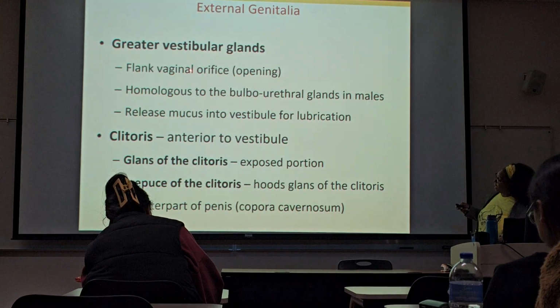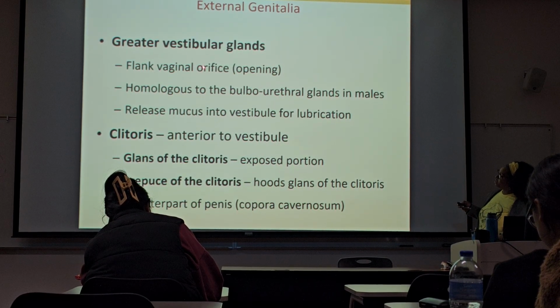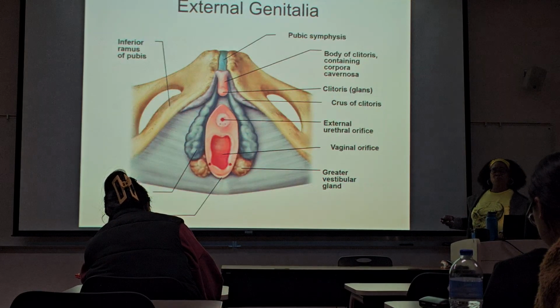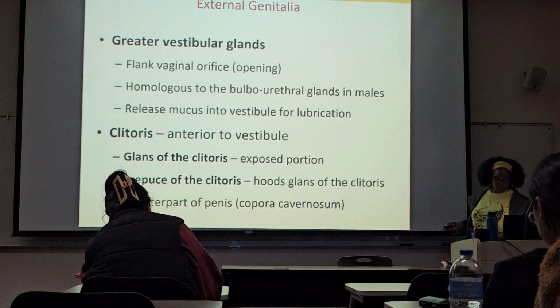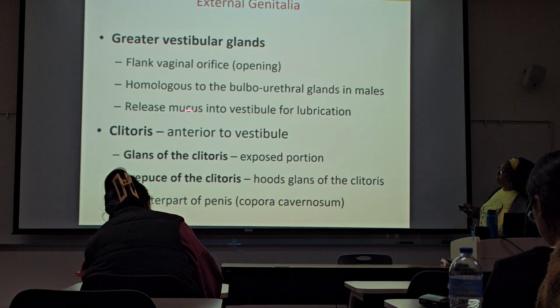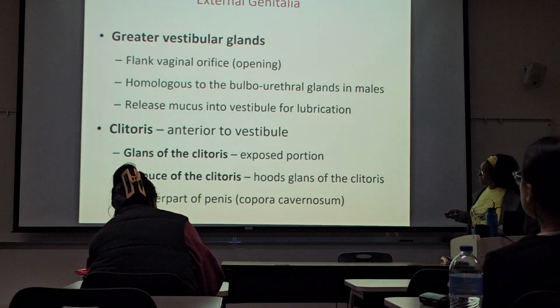Externally, there are glands. There's the greater vestibular gland that is comparable to the bulbourethral glands in males, and we will see that in lab. They secrete mucus into the vestibule of the vagina to lubricate.